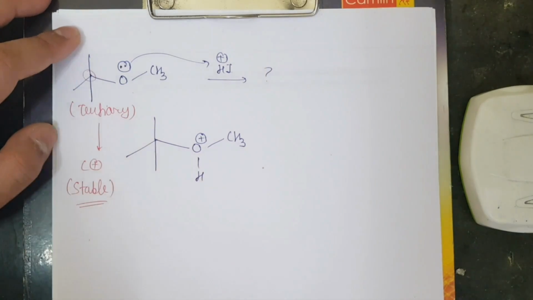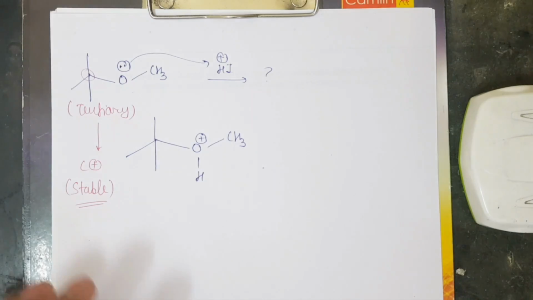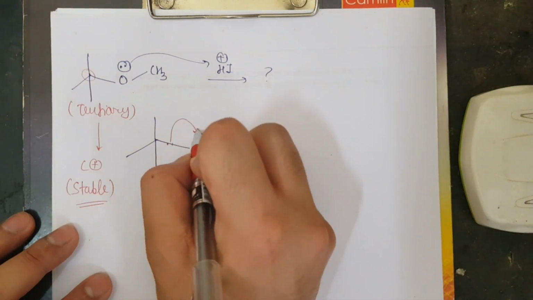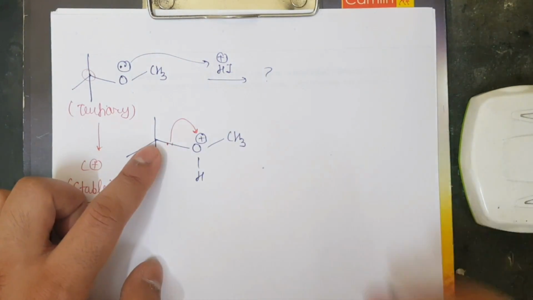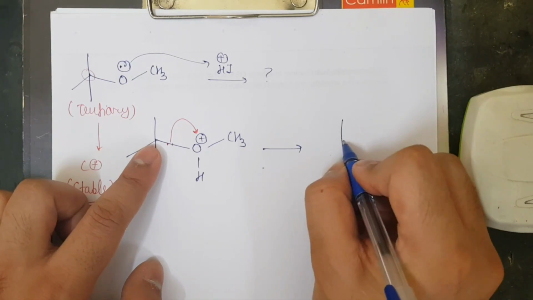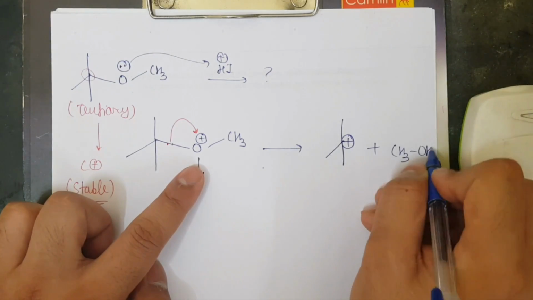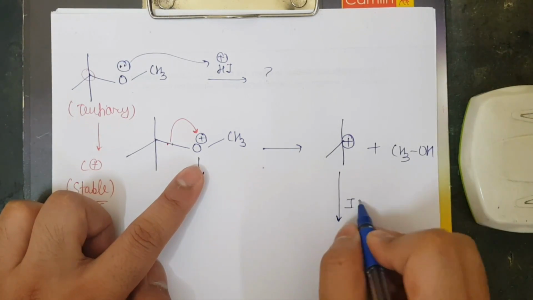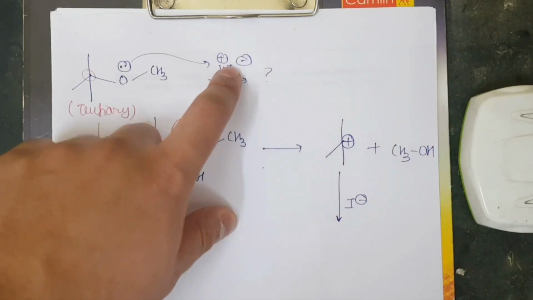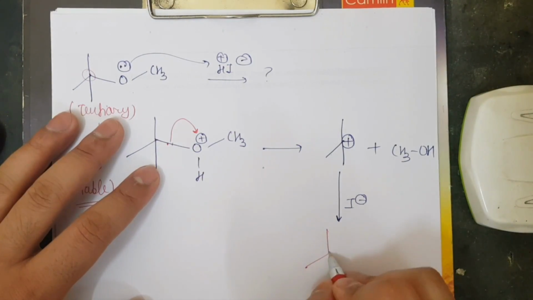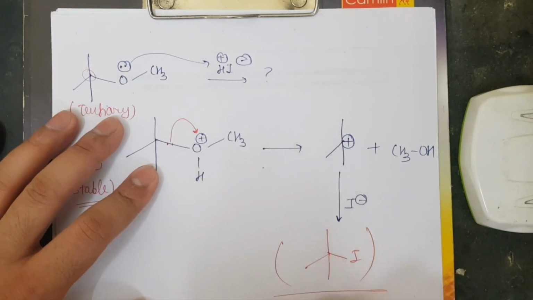So what actually happens is that this bond breaks to go onto here, giving me the formation of carbocation, and CH3OH will be formed. Now this will react with the I minus from here, giving me the formation of this tertiary alkyl halide.